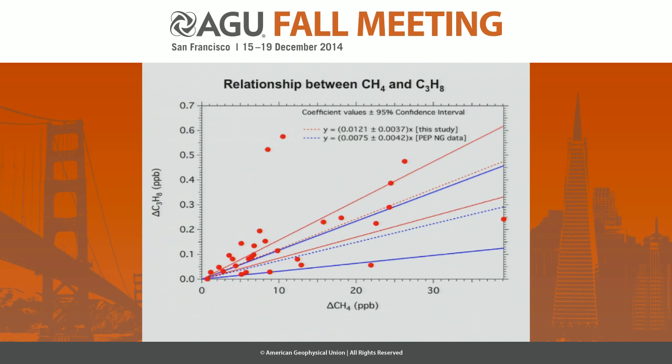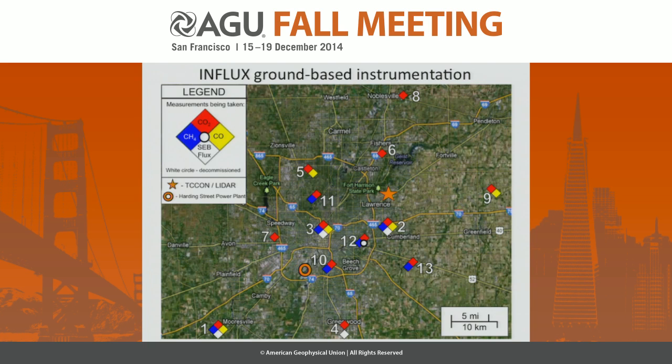Our regression is there, and you can see there's a lot of scatter, but the relationship between methane and propane leads you to the conclusion that the data is not inconsistent with the hypothesis that all the rest of the methane is coming from the natural gas infrastructure.